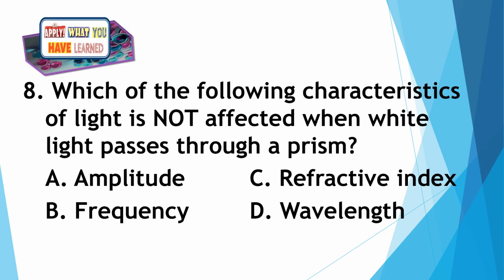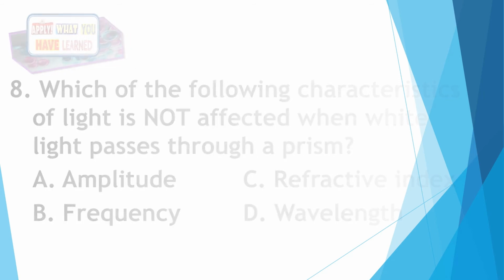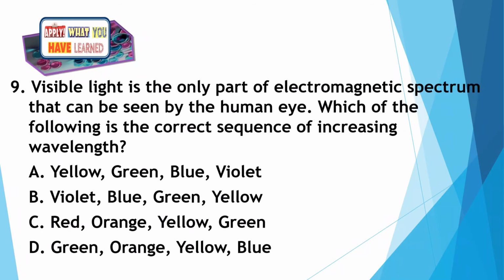Number 8. Which of the following characteristics of light is not affected when white light passes through a prism? A. Amplitude. B. Frequency. C. Refractive index. D. Wavelength. Number 9.